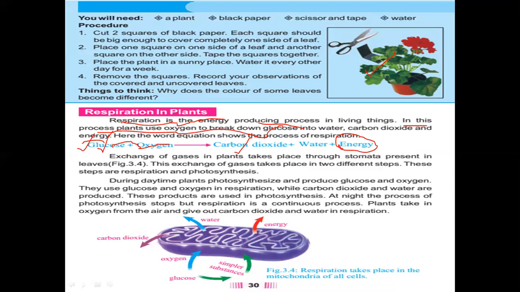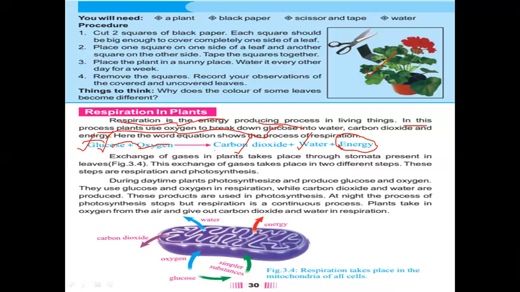That carbon dioxide is very minor in daytime, but it is in more quantity at night time, because in the night photosynthesis is not done, just respiration is done. So carbon dioxide is produced in more amount, and then they release water also through their stomata.